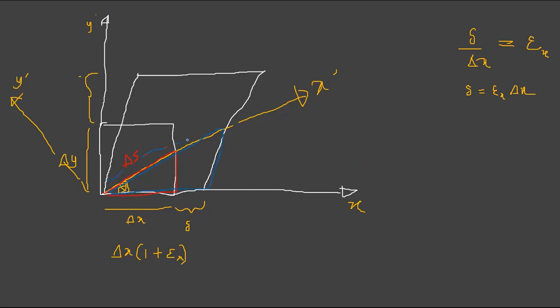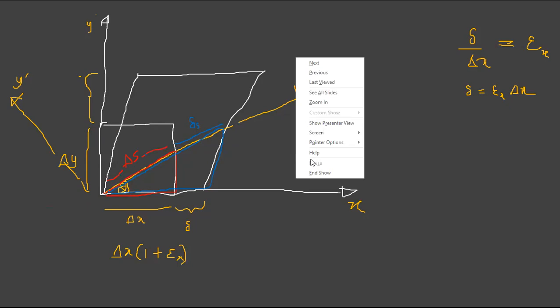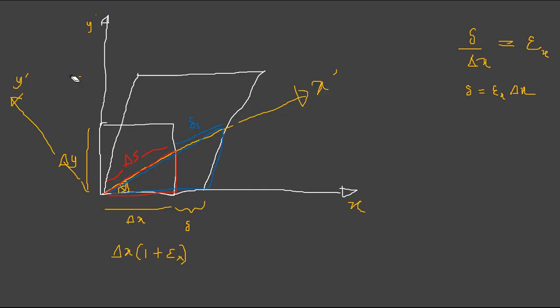So this length is the delta S in that strain, right? This element now is like this, right?